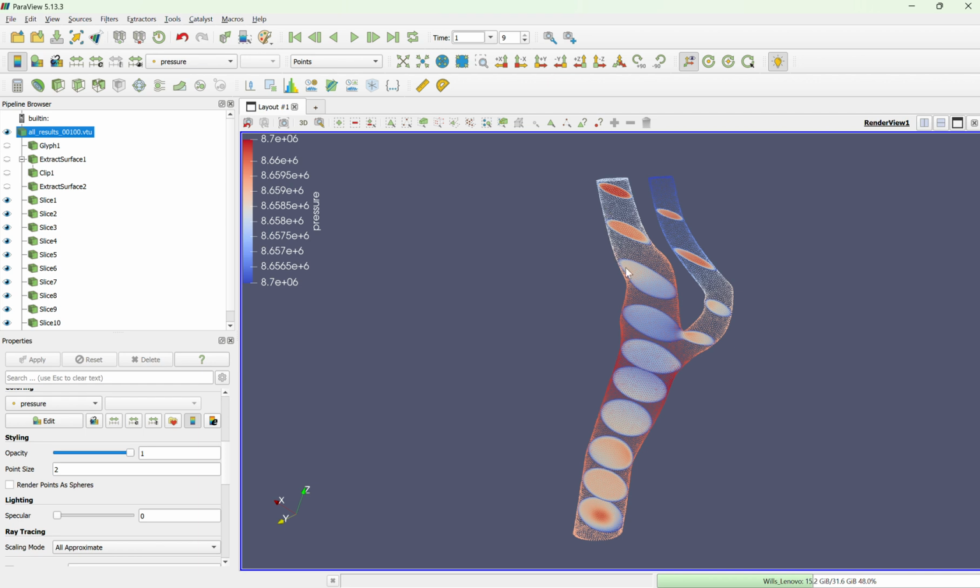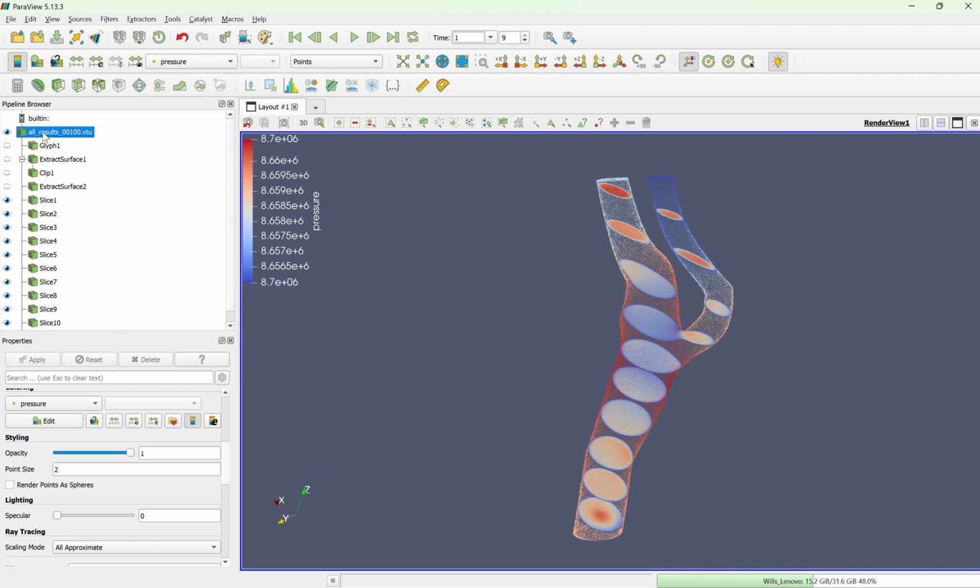The artery itself is color coded based on pressure. Where the velocity is primarily lower based on these slices, we see a higher pressure in that area, and vice versa: higher velocities and lower pressures out here.